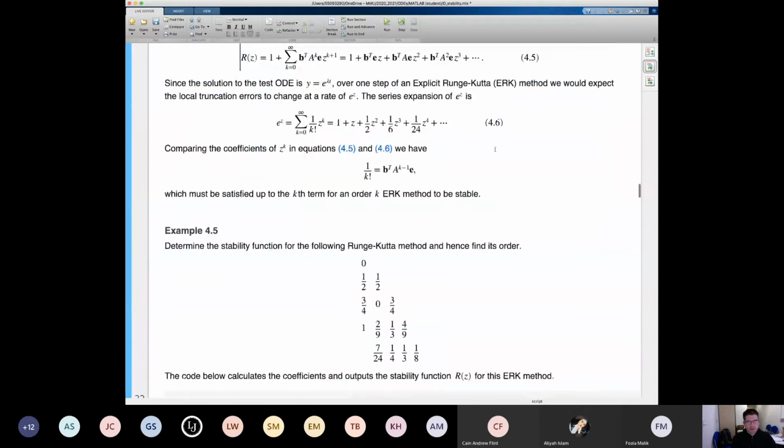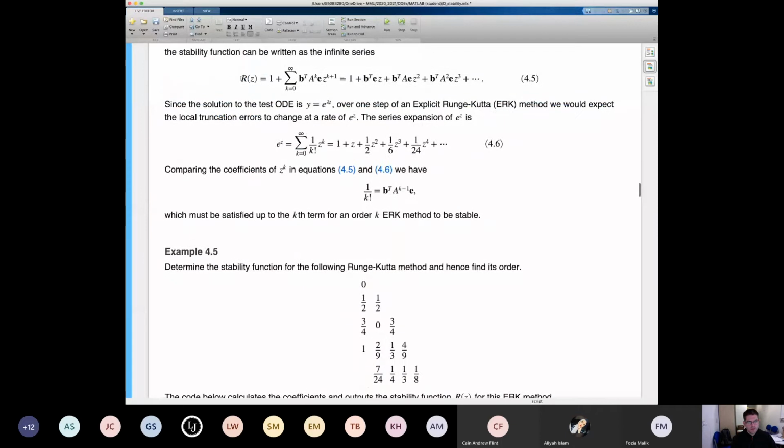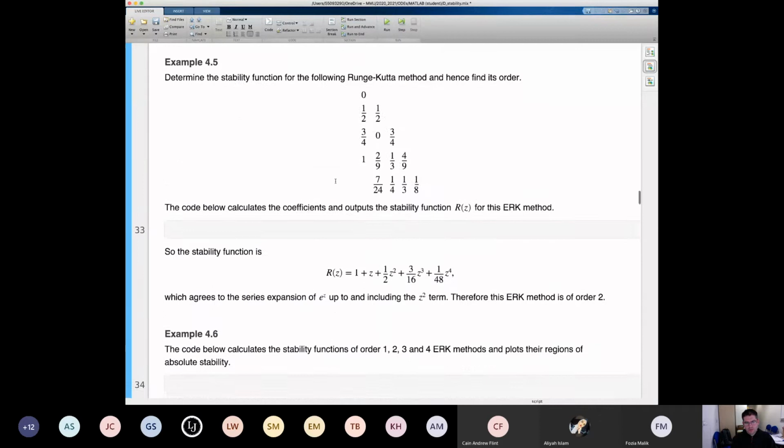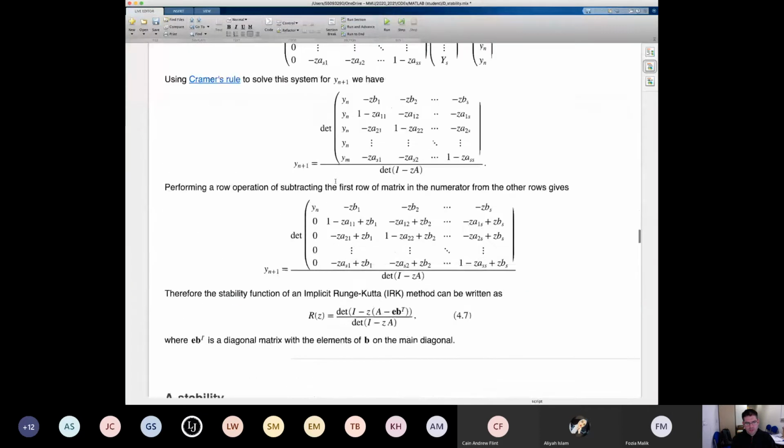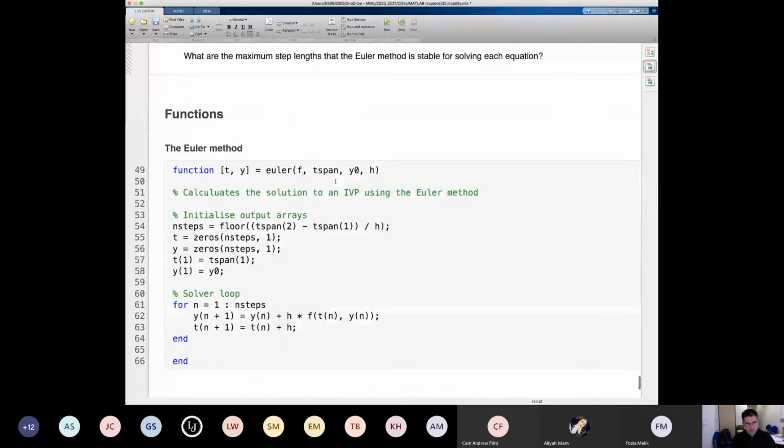So explicit Runge-Kutta method. This is our stability function, equation 4.5. As I mentioned before, the coefficients of z, z squared, z to the power 3, it's B transpose times A to the power k minus 1 times E. So we're just going to use MATLAB to do all the heavy lifting for us.